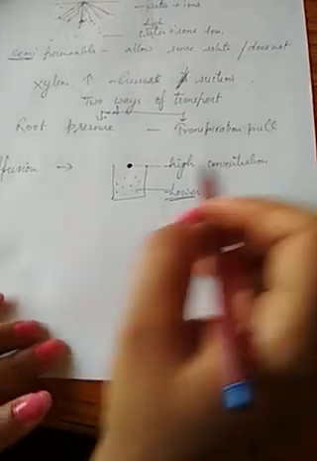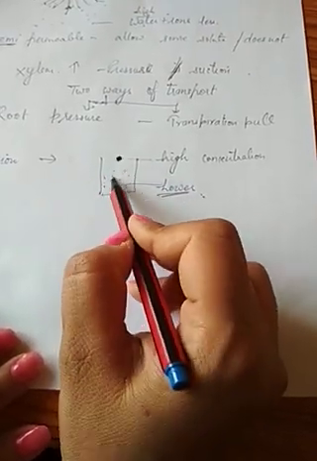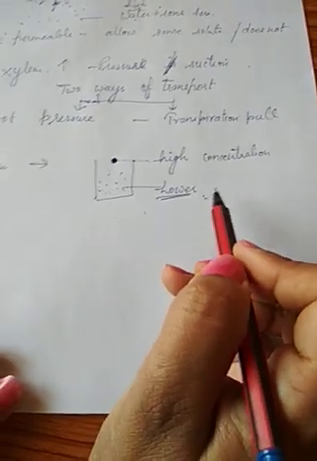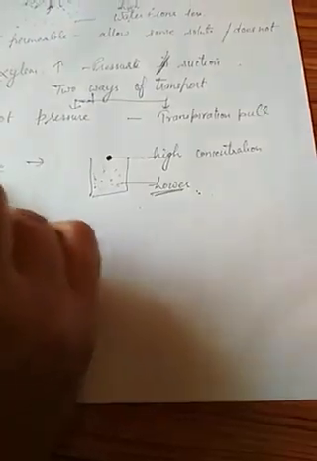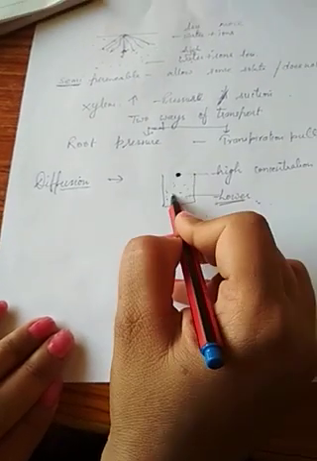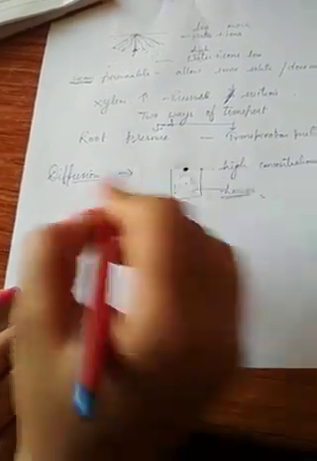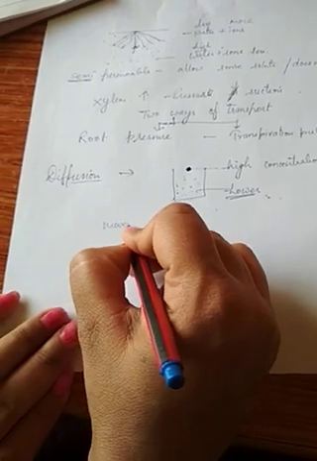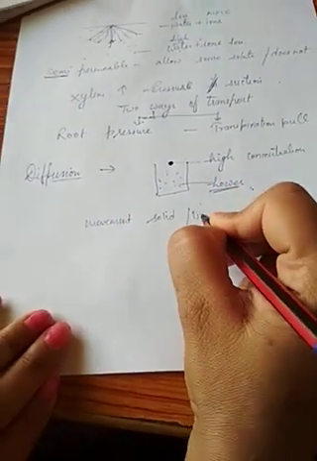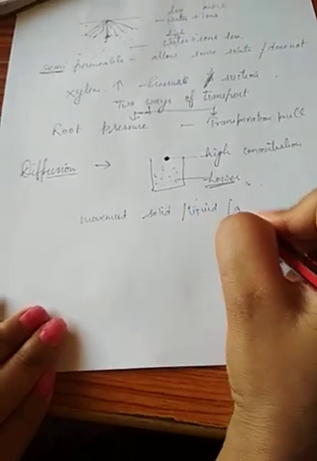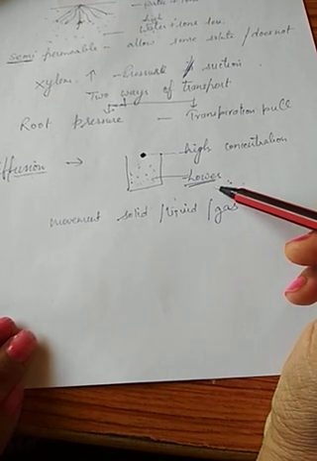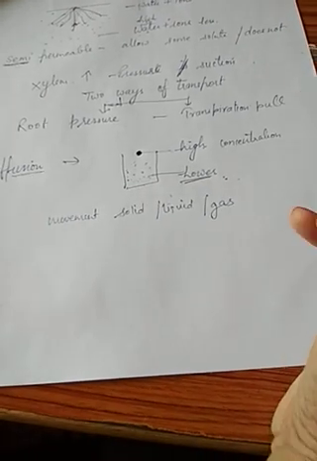So what is happening over here? From the higher concentration, the molecules are coming towards the lower concentration. So that is diffusion. But in that diffusion, we have not used any semi-permeable membrane. So simply we can say the movement of any solid, liquid or gas, from the region of high concentration towards the region of lower concentration is called diffusion.